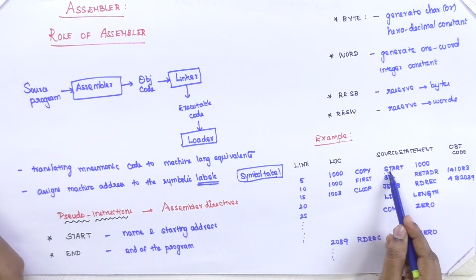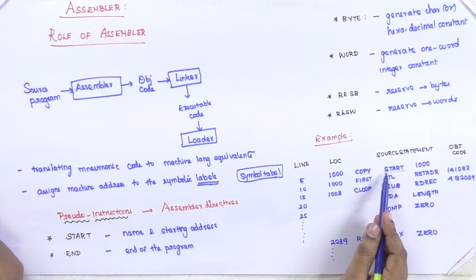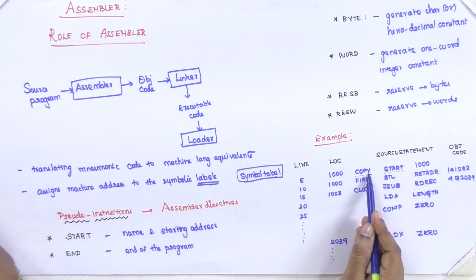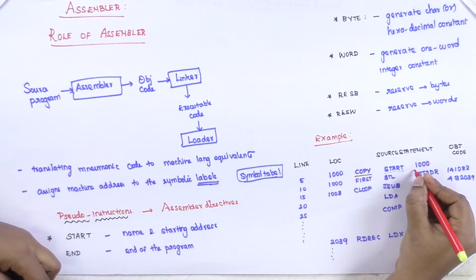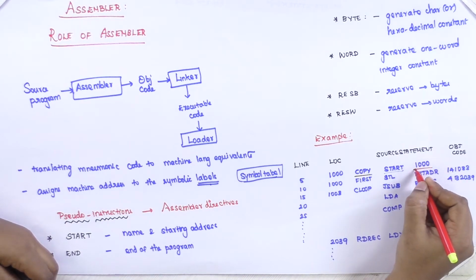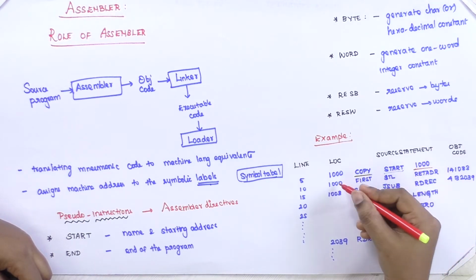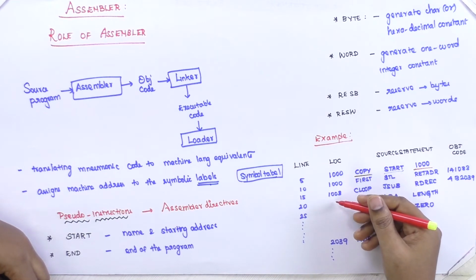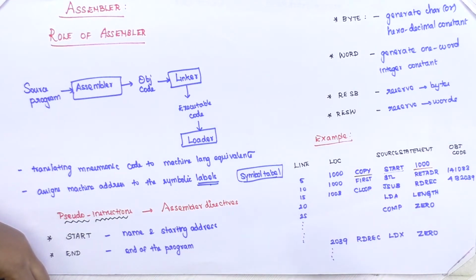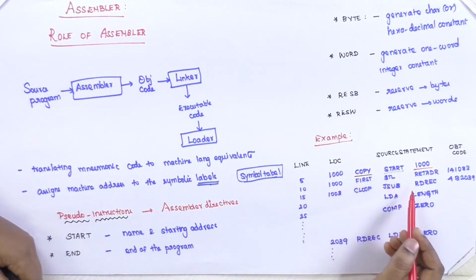START is our assembler directive. This START assembler directive will specify the name of our program is COPY, then the starting address is 1000. So the 1000 will be the location of our program in memory. From 1000 the program gets started: 1000, 1003, 1004, 1005, like this each and every instruction will be saved in the memory. So this is the next instruction.